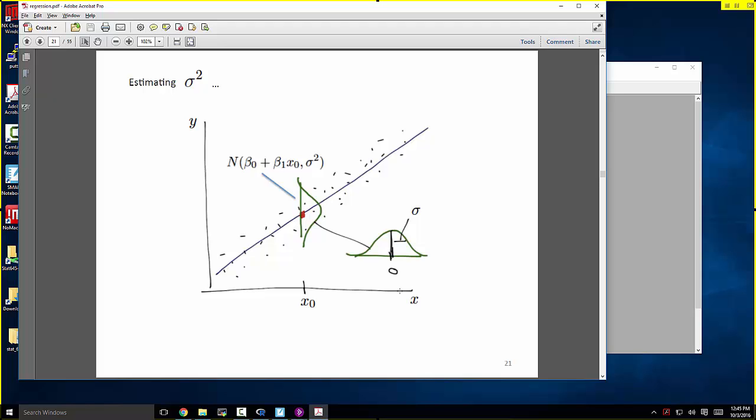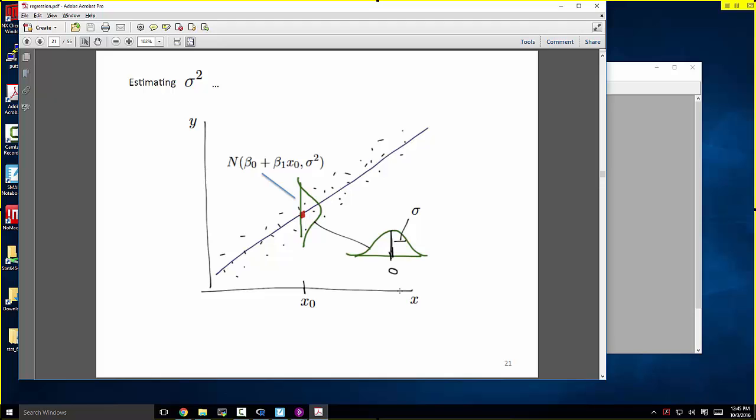If sigma squared is representing the deviations about the line, we have this line that we think applies on average, but we have dots bobbing around the line, up and down. And according to our model, we can pick up that green curve and slide it up and down the line, and it remains unchanged in terms of its spread.